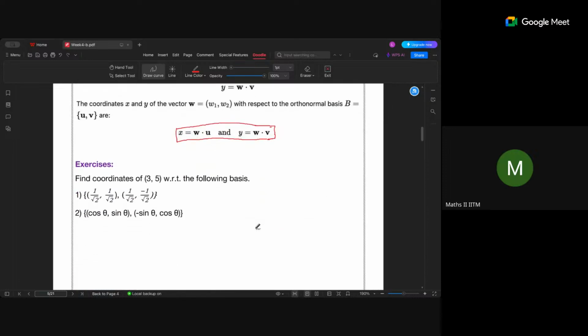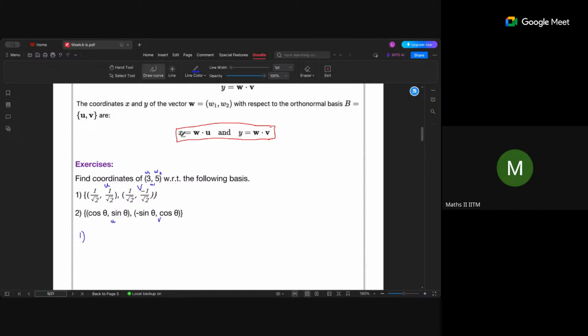Okay, fine. Now find the coordinates of 3 comma 5. So this 3 comma 5 is your w now. This is your w1, this is your w2. This is your w with respect to the following basis. So you have your u and v. This is your u and this is your v. Now can you tell me how to find the coordinates of this w with respect to, let's do the first one, what are the steps?